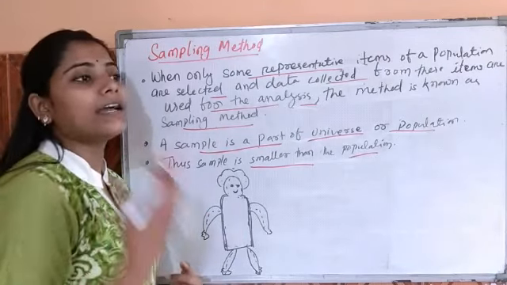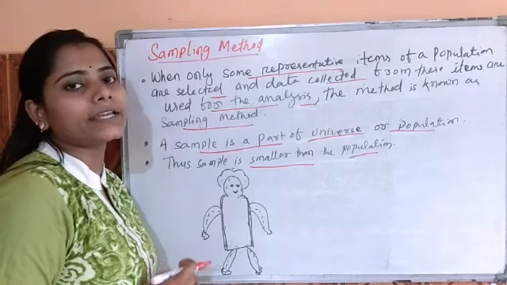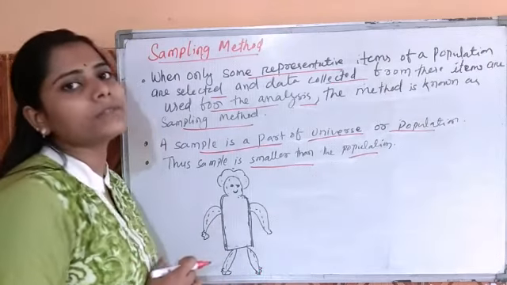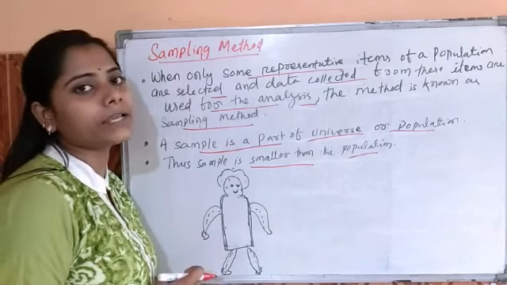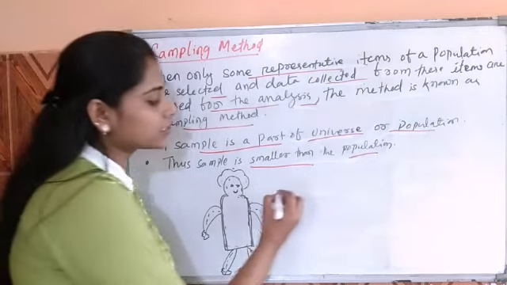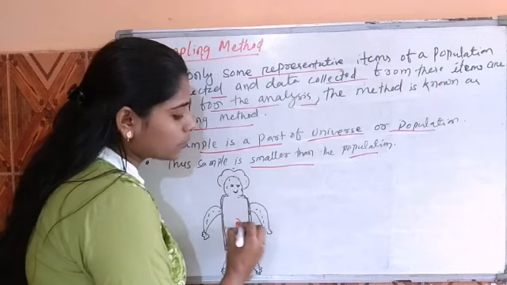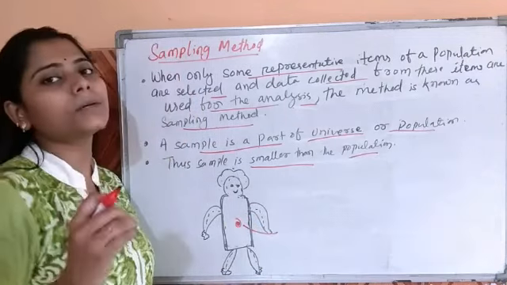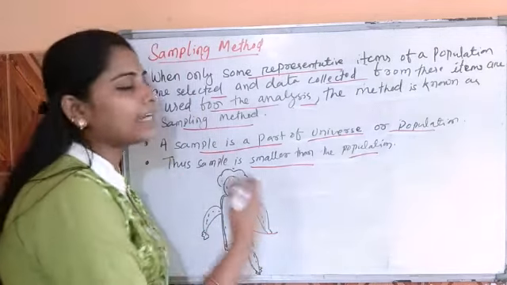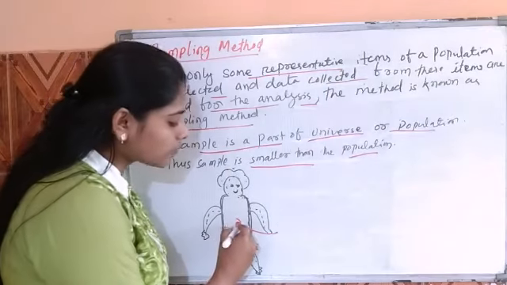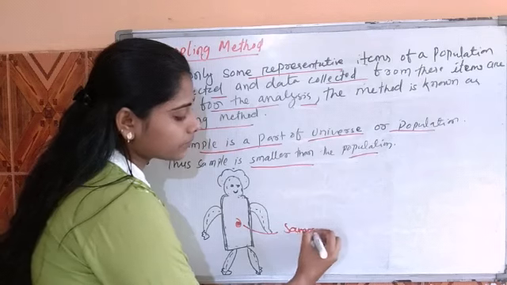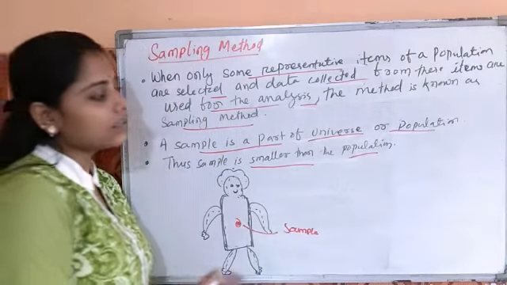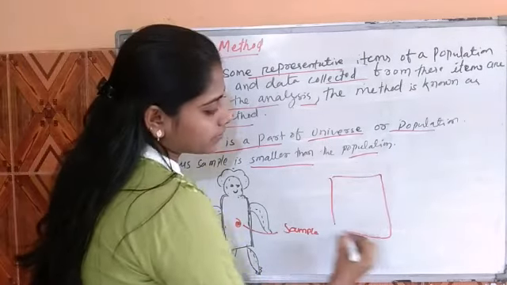When we examine the blood of a human body, can we collect all the blood from the human body, or test all the blood? No, because we test only a small drop of blood from the body and then examine it. So this small drop of blood is known as the sample. Like this is a population.